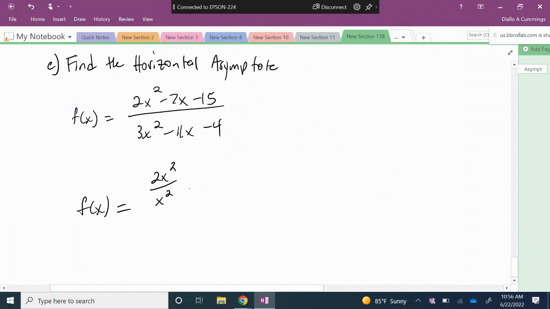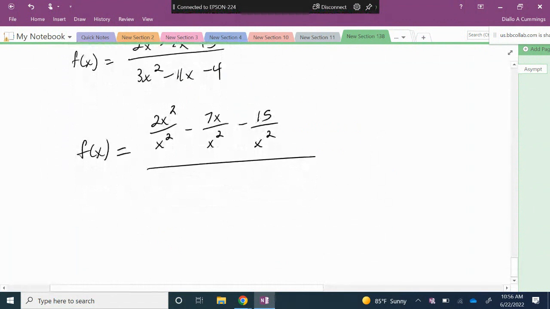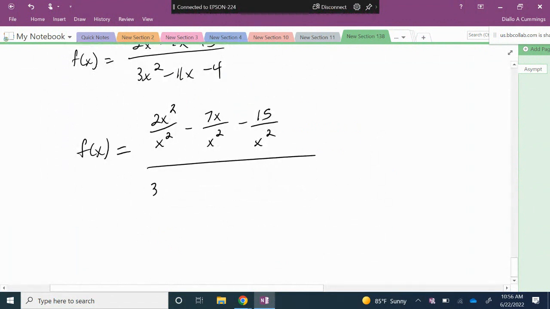So 2x squared divided by x squared, 7x divided by x squared, negative 15 divided by x squared. And we're going to do the same thing for the denominator.